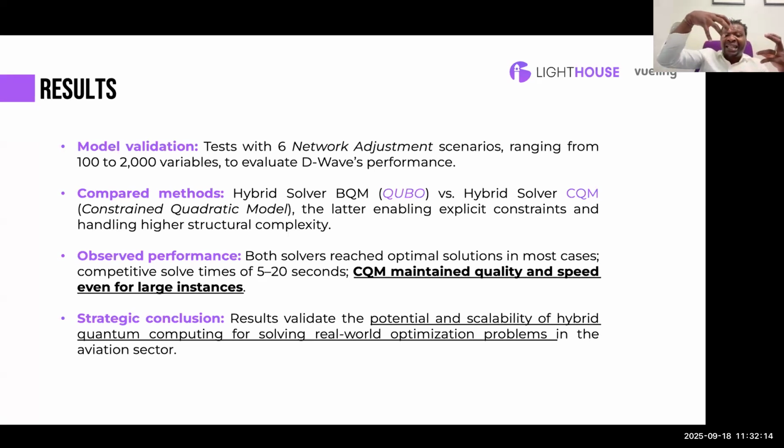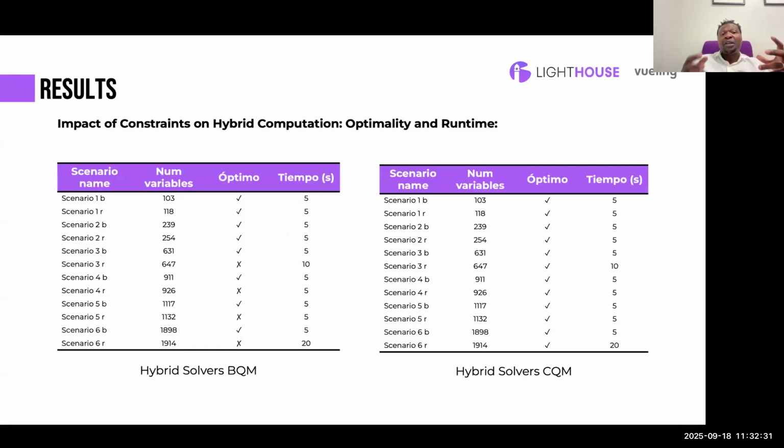And in the strategical view, we can say that the potential and the scalability of this hybrid quantum computing for solving this real optimization problem are met, and also in this aviation sector. Here we can see some kind of table where we show the scenario and the number of variables and the running time that we have.